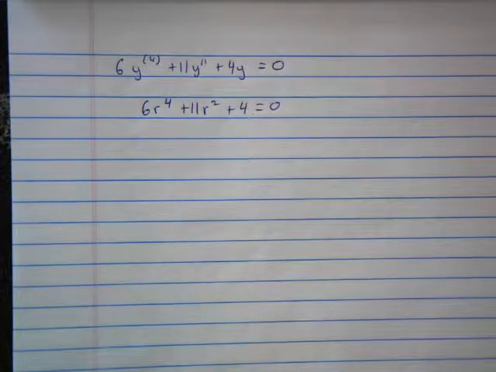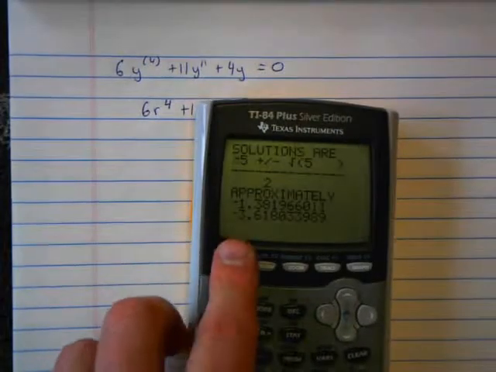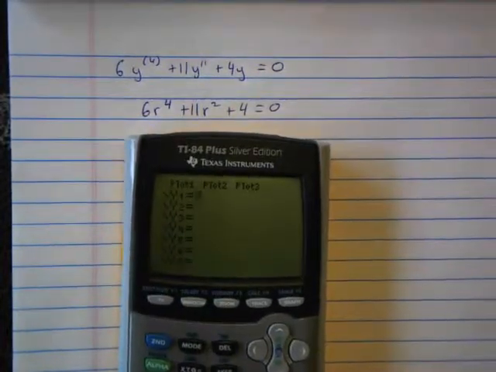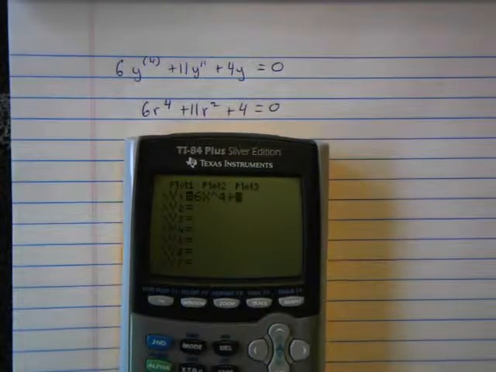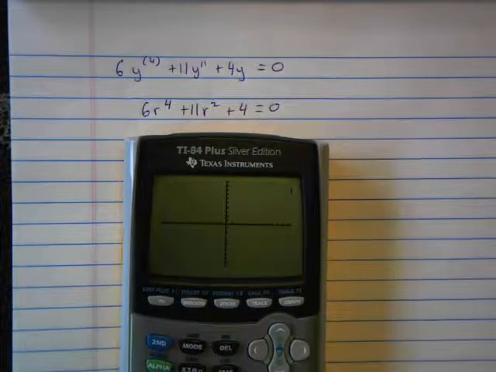Wonderful. Now what? Plug it into the calculator. All right. y equals 6x to the 4th plus 11x squared plus 4. Draw me a picture. I got a real problem.